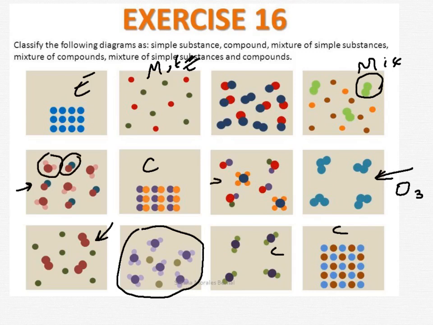Same over here. I see a mixture that contains a compound with 5 atoms. So all kinds of weird ones in there. Quite a mixture. And up here on the top, we have some diatomic elements and we have some compounds.